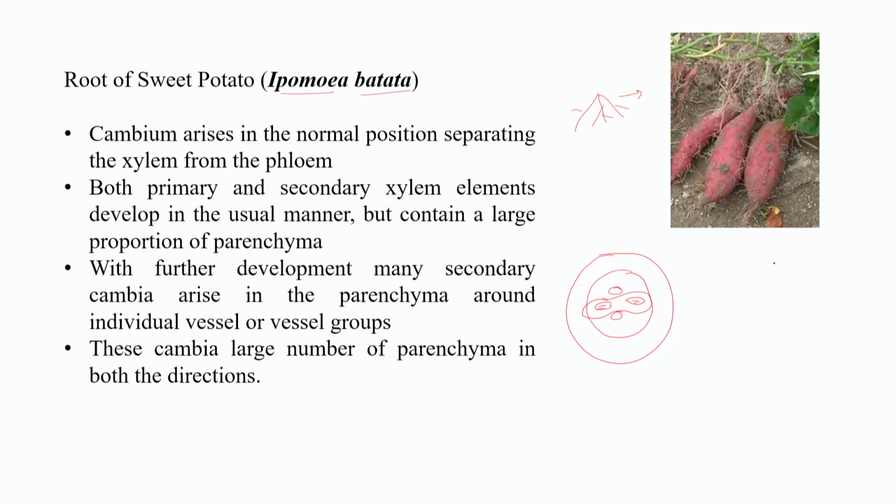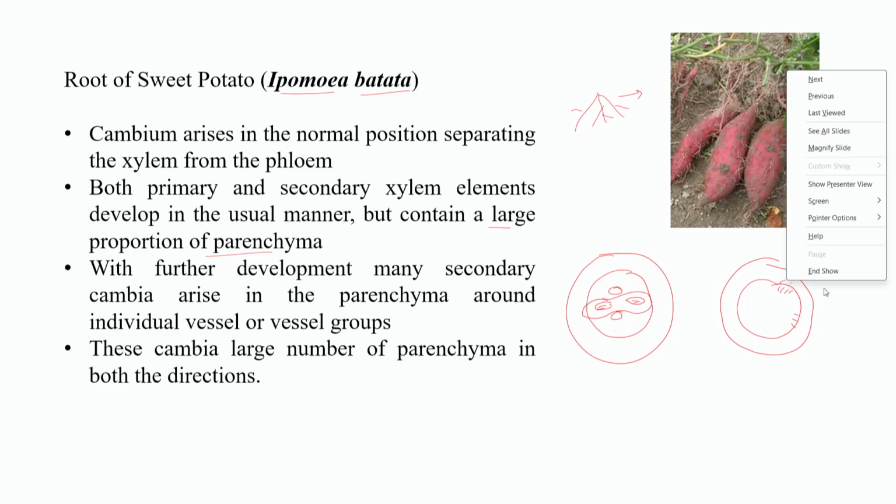In this case also, with further development, this cambium will give rise to primary xylem and secondary xylem, but will also contain a large proportion of parenchyma. So in this case also, they are cutting xylem, they are cutting phloem.